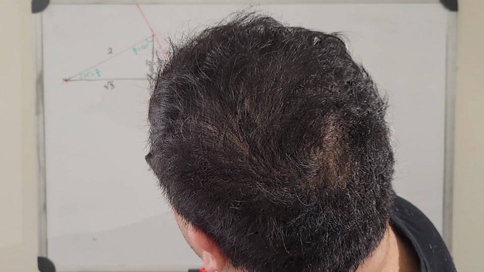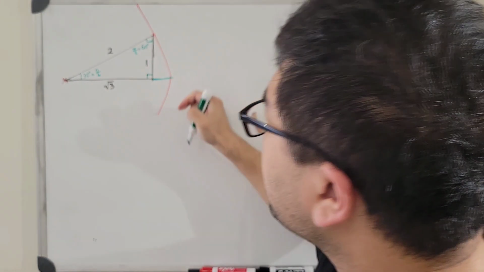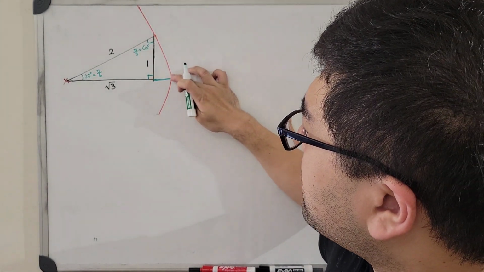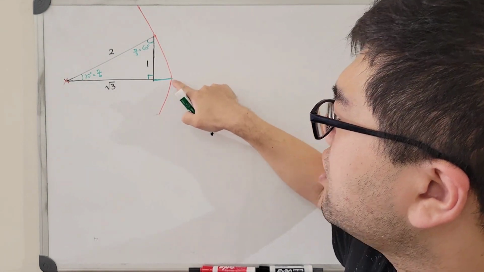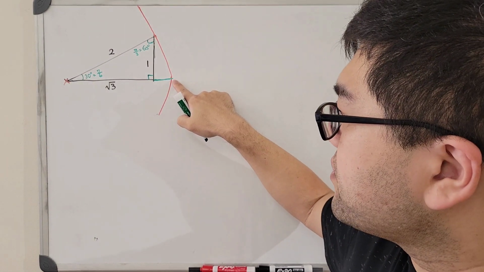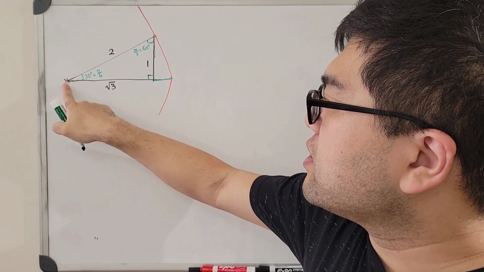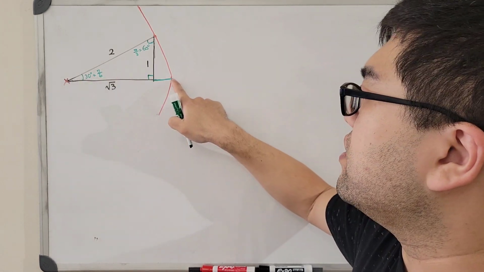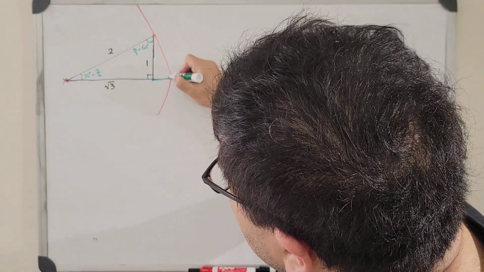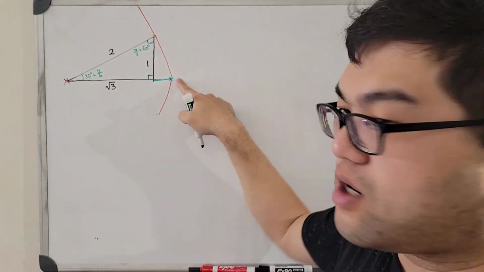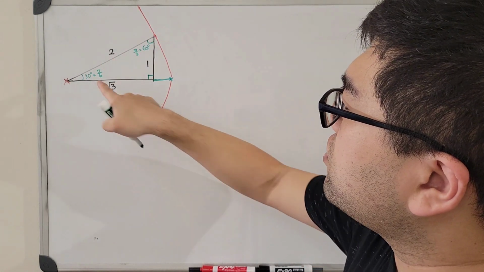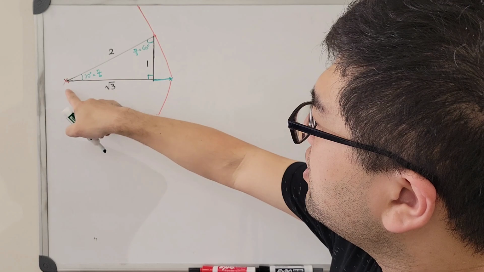If we extend this horizontal line, it will eventually reach the circle, which means that from this mark here, the center of the circle, to this point on the circle, the length should equal the radius of the circle, which is just 2.